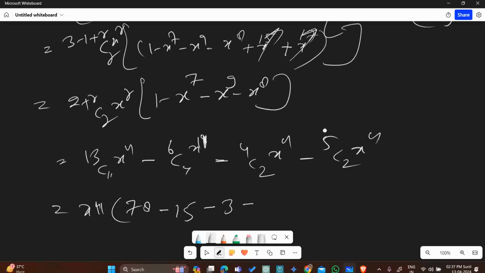Minus 5C2 is like 5 into 4 by 2, 10. 78 minus 15 minus 6 minus 10, that is 47, coefficient of x^11.